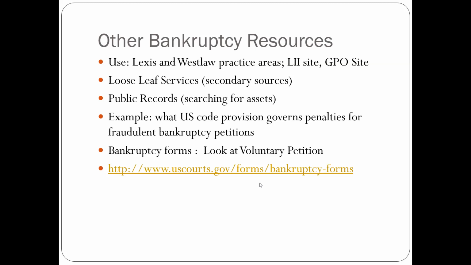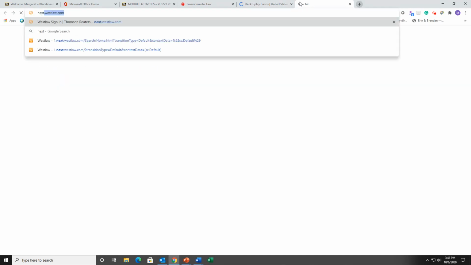Secondary sources you might be looking at would be, maybe searching for assets, using loose leaf services for particular areas, bankruptcy materials, bankruptcy forms. So here are examples of bankruptcy form stuff. I'll just pull this up while I'm waiting for that to go so I can show you on Westlaw what it looks like.